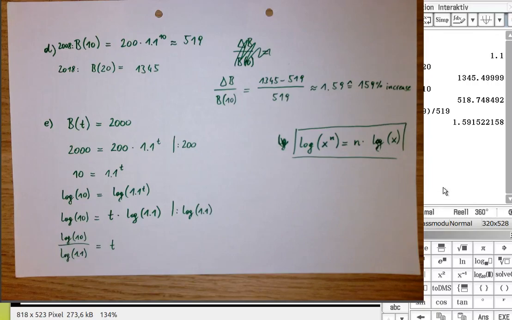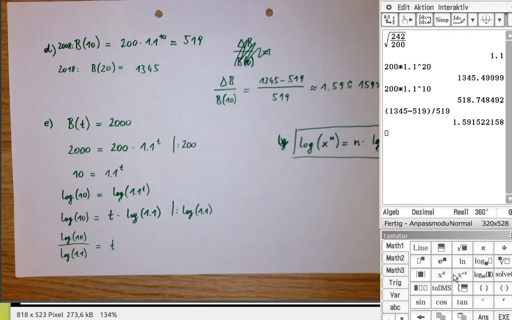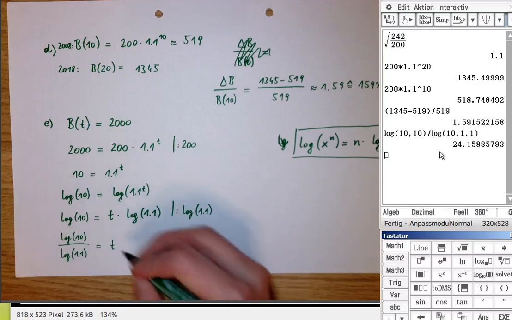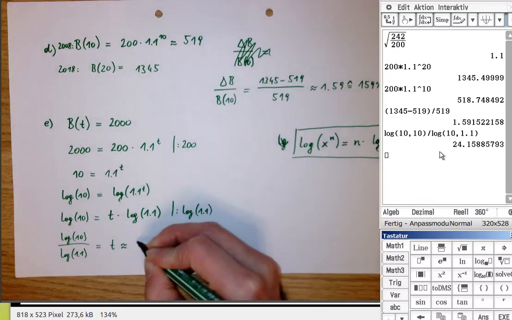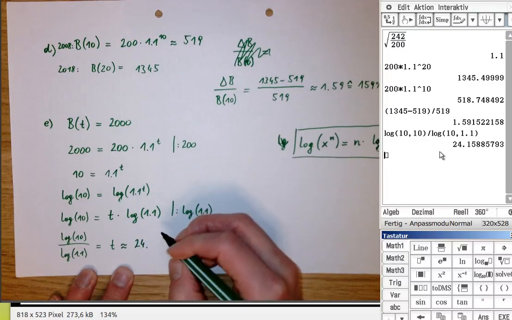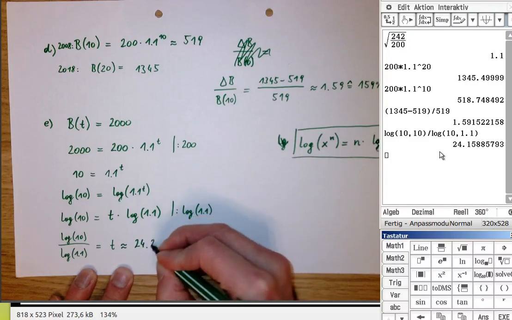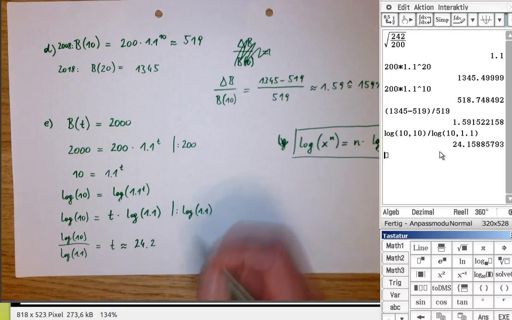So if we want to calculate this, we could just use any logarithm, for instance the 10 logarithm, or any other logarithm. So let's use the 10 logarithm, logarithm of 10 divided by, now we have to use the same logarithm again, the 10 logarithm of 1.1, and that's 24.2, and we want to know which year this is.